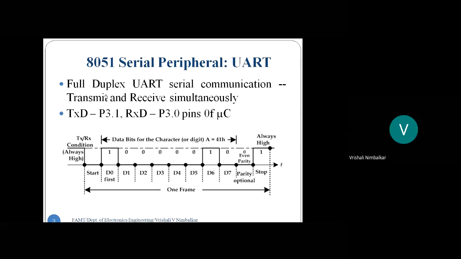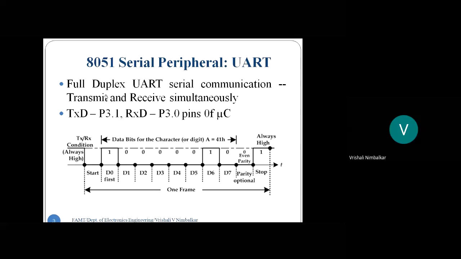At a given time, the person will be either talking or listening. So the walkie-talkie is half duplex. And full duplex is a telephone. I can speak on the telephone, and at the same time I can also listen to what the other person is saying.